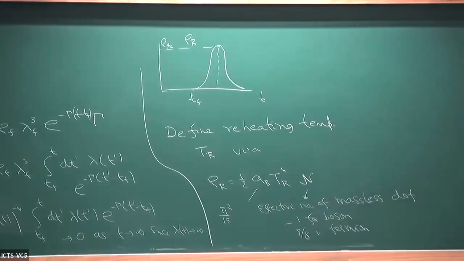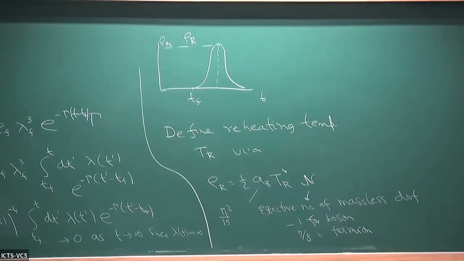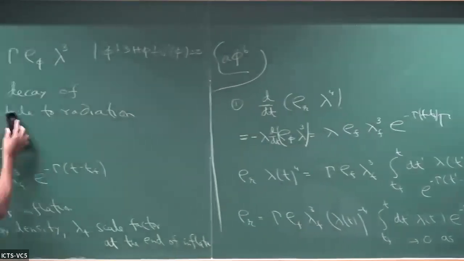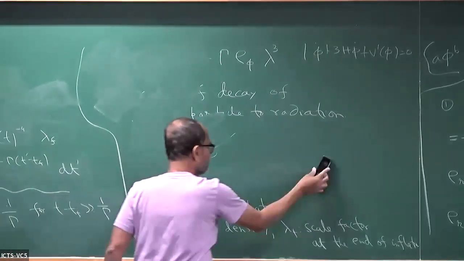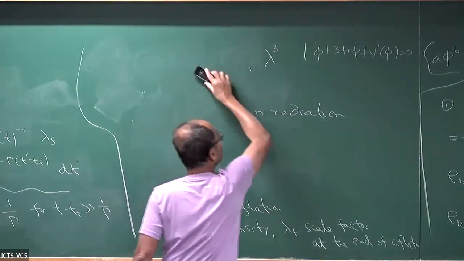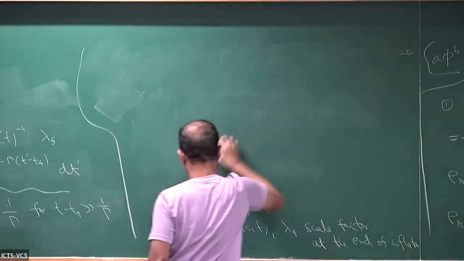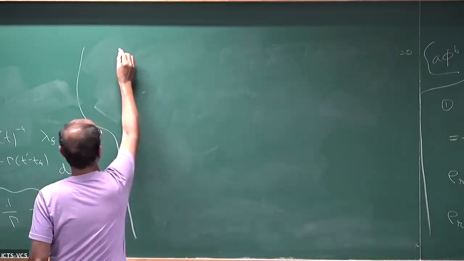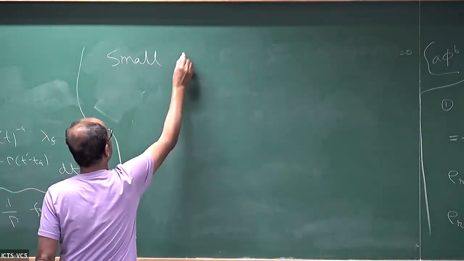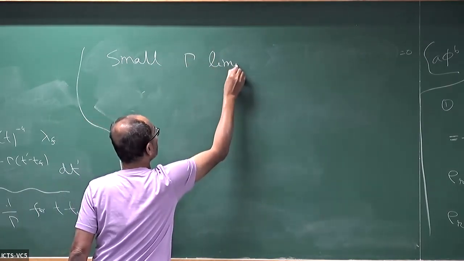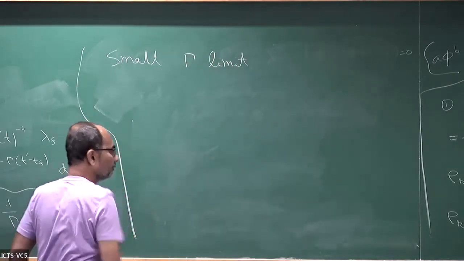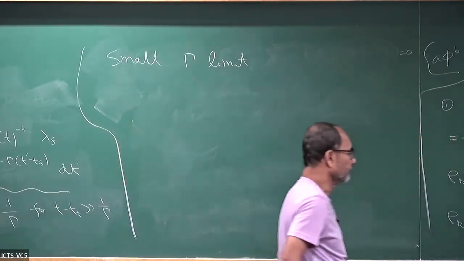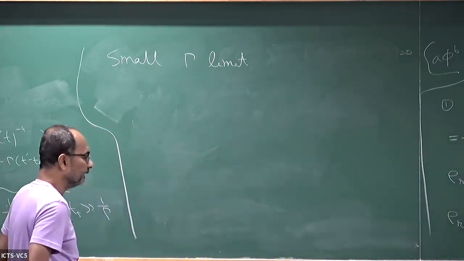Is it okay? Any other question? So the other limit is the small gamma limit, where you can basically ignore this term, as long as T minus Tf remains less than gamma.